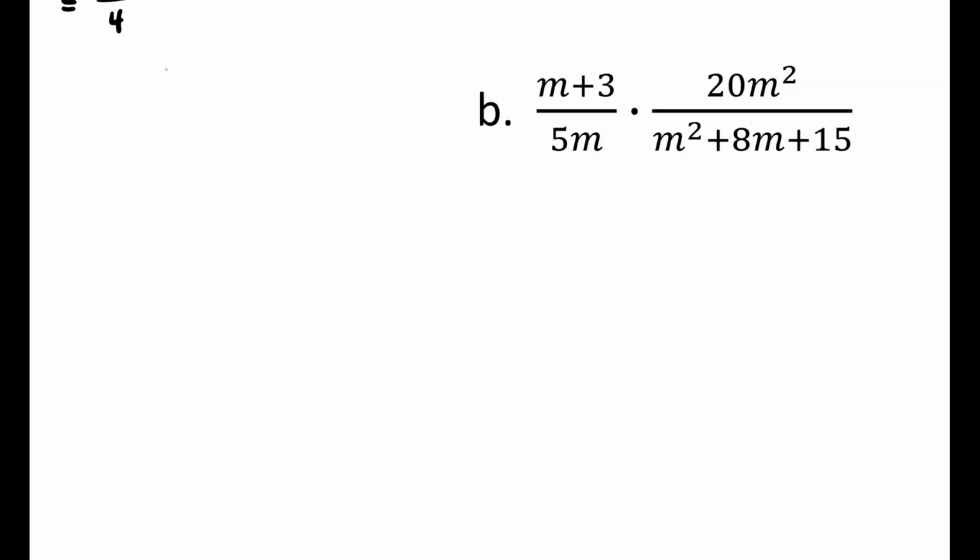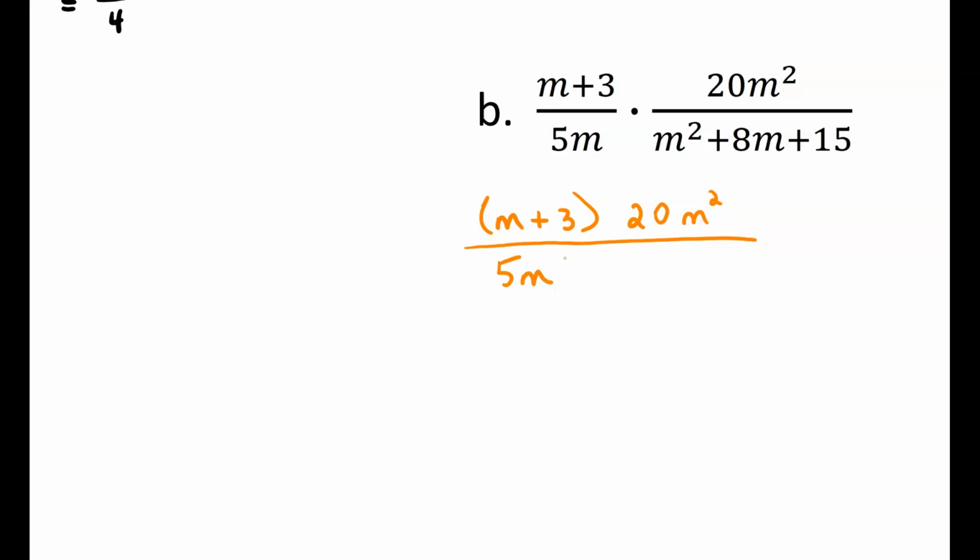So starting with m plus 3, that cannot be simplified, so I'm going to just rewrite it as m plus 3. Okay, I have 20m squared. That cannot be simplified, so I'm just going to rewrite it as 20m squared. My denominator, 5m cannot be simplified, so I will keep that as 5m.